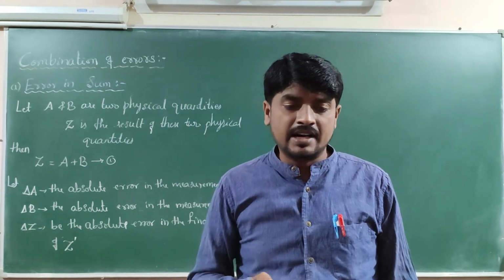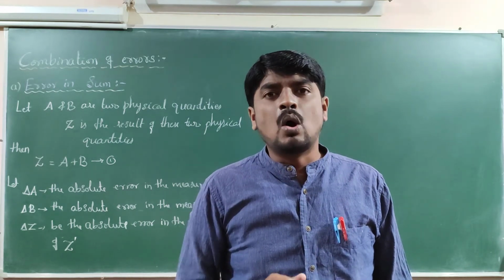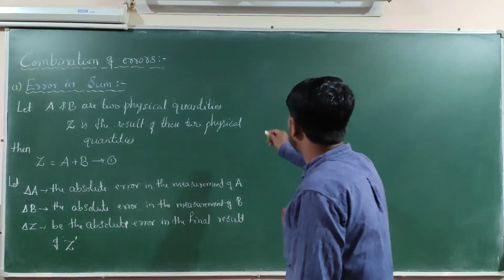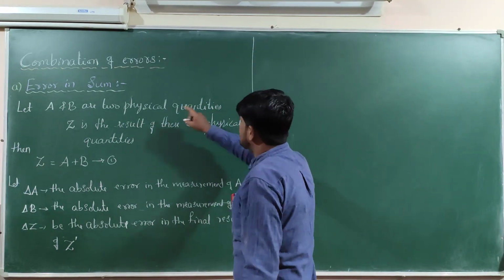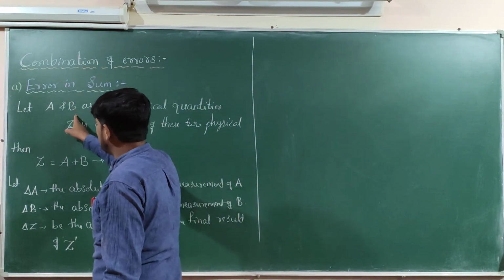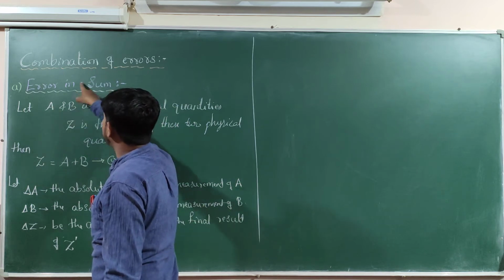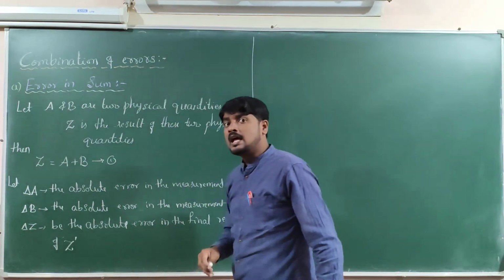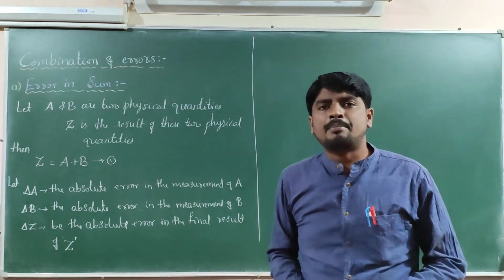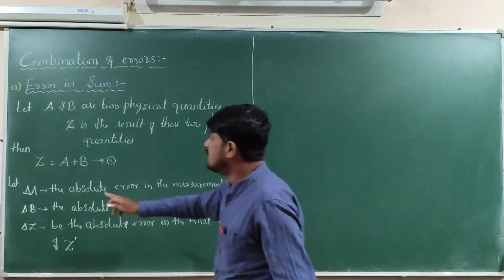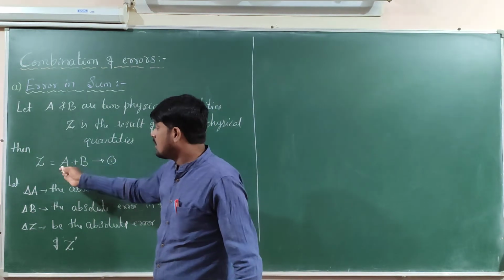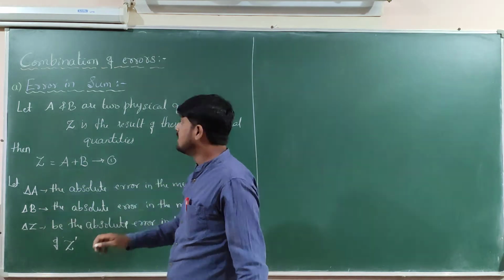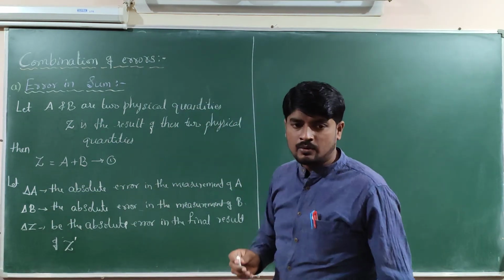So for that I have to write the measured value of A. Now actually I wanted to measure A and B, and based on that take the sum of these two quantities to get Z, that is equation number 1. But in the present case that is not happening. What is happening here? Z is changing to something else. How is it changing? With respect to delta A it is changing. Write that value. What is that?